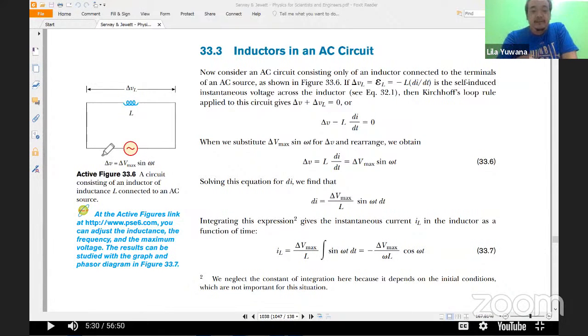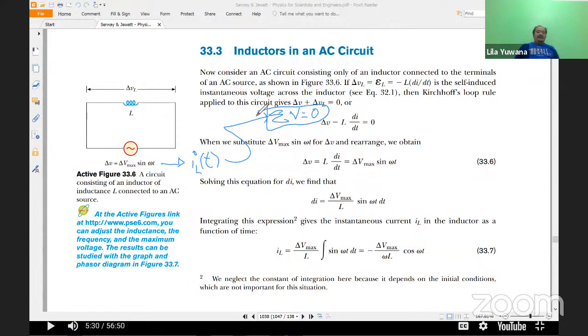To understand the instantaneous current, or the current through the inductor as a function of t, we can start from the law that the resultant voltage difference equals 0.